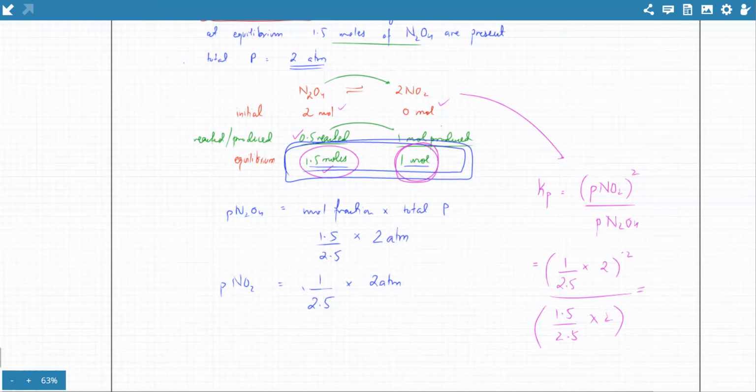Rida, Bhaskar, Minahil, did you try and calculate this? 0.533. 0.533. Okay. Two people are getting that. So this is coming out to be 0.533.